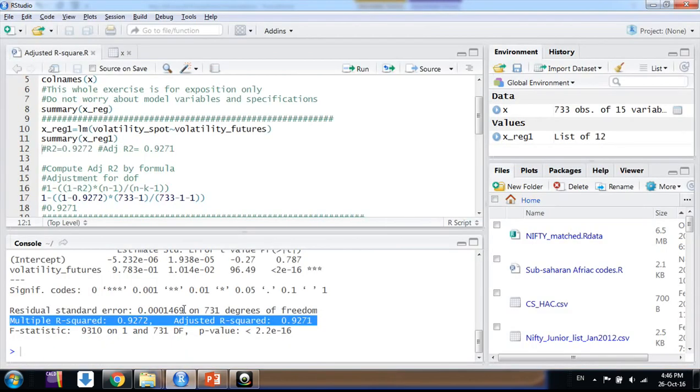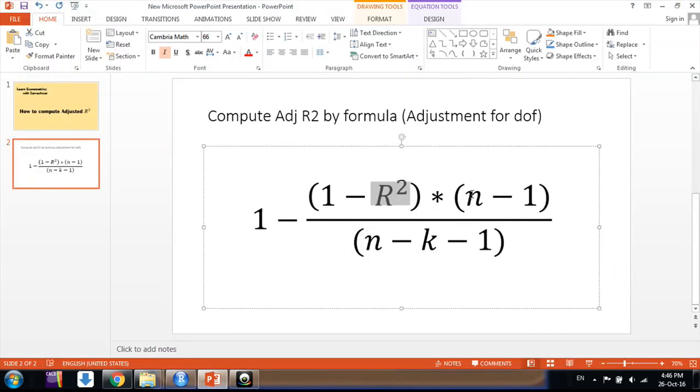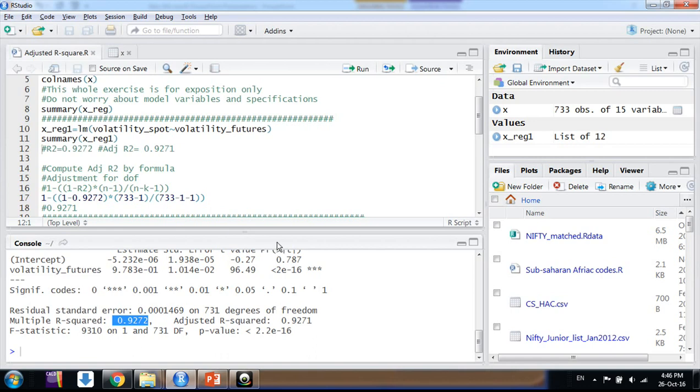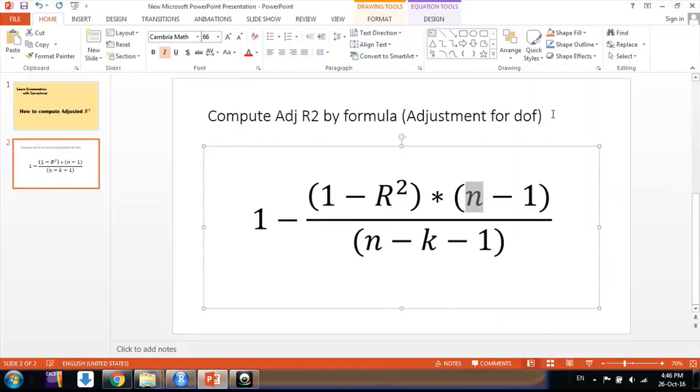Here the R square is 0.9272. n is the number of observations, and I already know I have 733 observations in the model. k is the number of independent regressors, without the intercept.